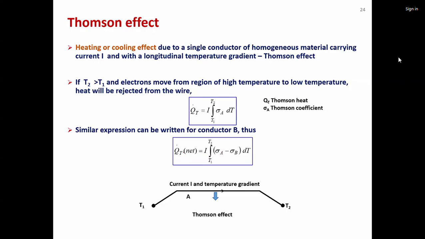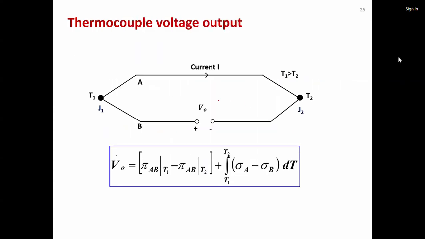So the net heat exchange between the wire and the surrounding can be found as the current times the integration of sigma A minus sigma B into dT from T1 to T2. So basically now you can say that my net output in a typical thermocouple circuit, we said that the Seebeck effect is a combination of the Peltier effect and the Thomson effect.